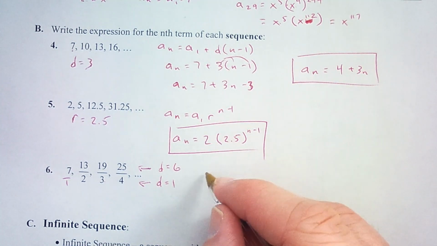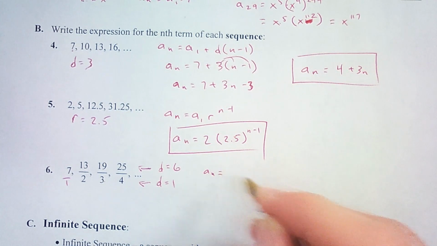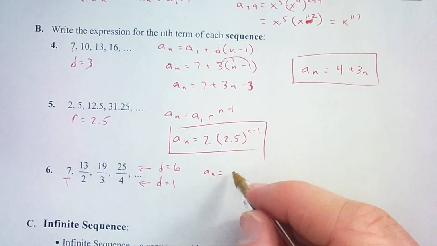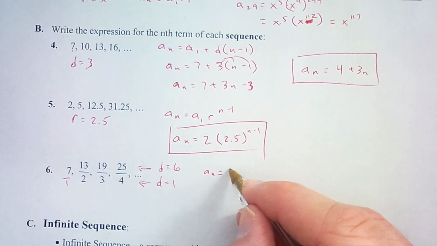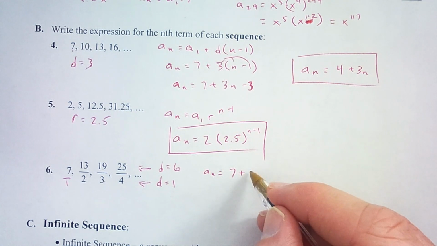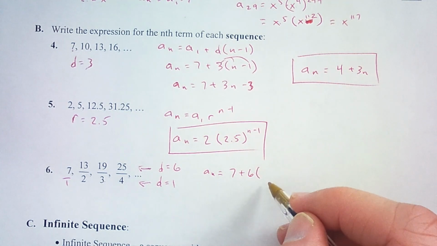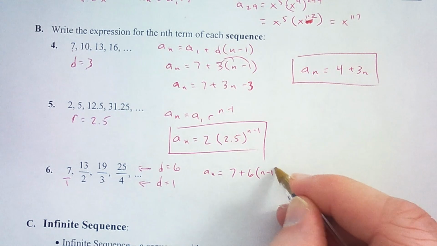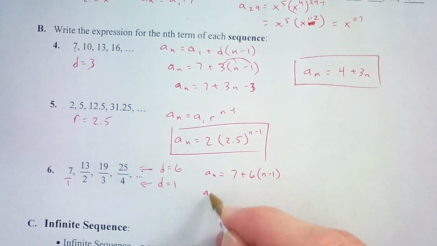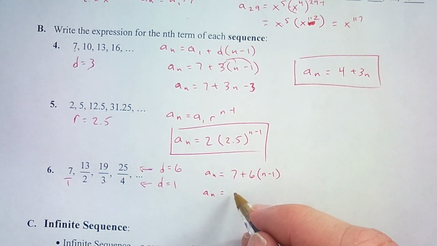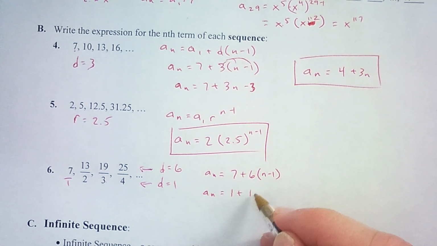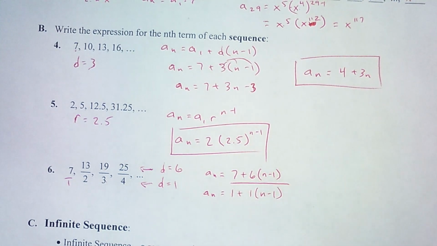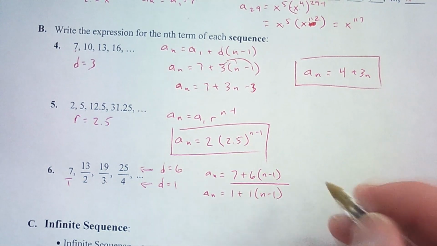So in the numerator, a sub n is the first term, which is 7, plus the common difference, which is 6, times n minus 1. In the denominator, we have a first term of 1, a common difference of 1, times n minus 1. And we're going to put the numerator over the denominator here.